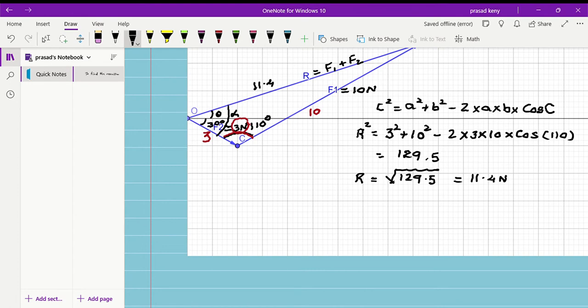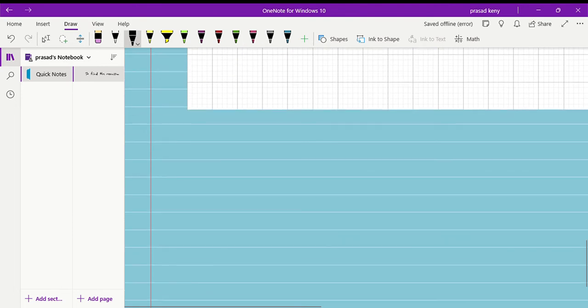Now the resultant I have got here is 11.4. Let me draw this triangle again, because otherwise it will become confusing. I'll just sketch this triangle again.